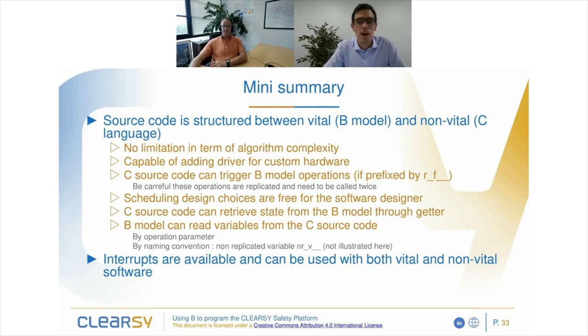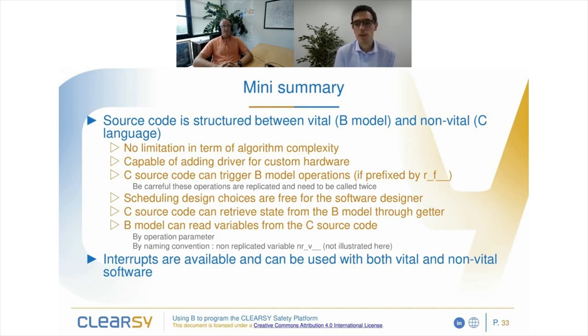You can add drivers for your custom hardware. Here we have added some source code for managing the vital output board, the one which is sensitive to the frequency. We have seen that the C source code can trigger B model operations.